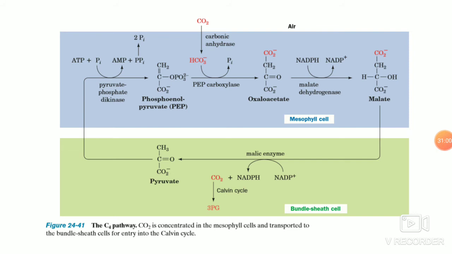The pyrophosphate is further hydrolyzed to two phosphates, which is equal to consumption of one molecule of ATP. So carbon dioxide is thereby concentrated in the bundle sheath cells at the expense of 2 ATPs per carbon dioxide.